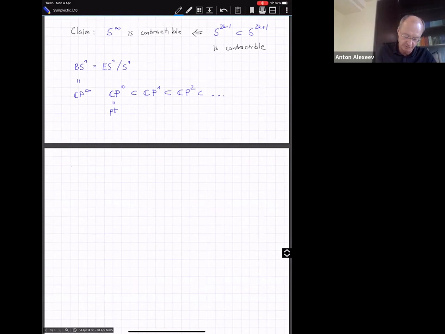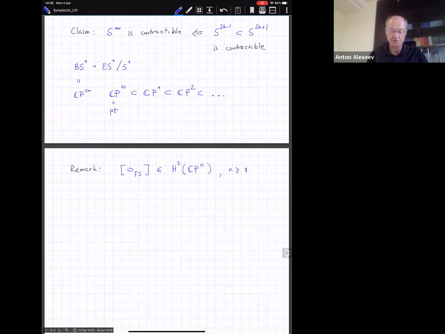Perhaps one small remark about this setup, which will be useful for us later on. We know that the cohomology class of the Fubini-Study 2-form is sitting in H2 of CPn for any n greater or equal to 1.